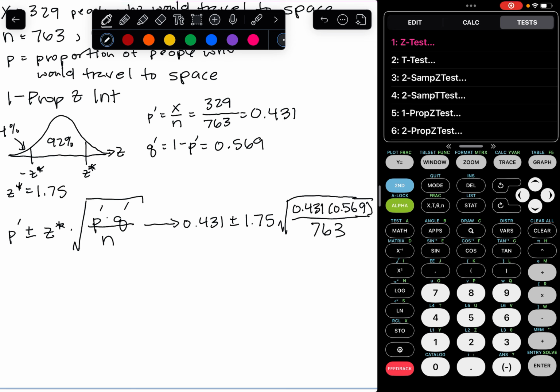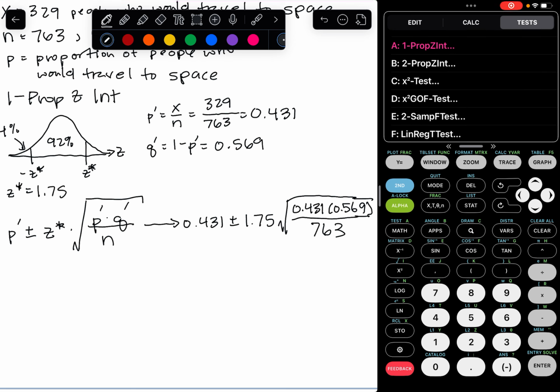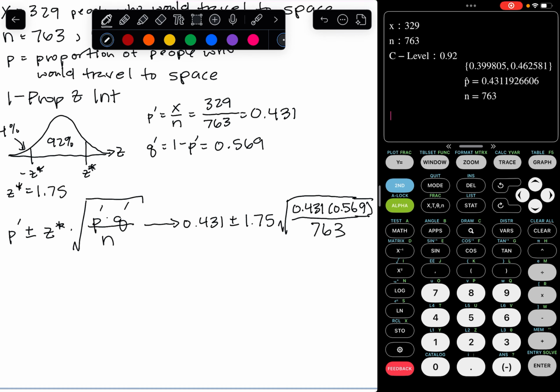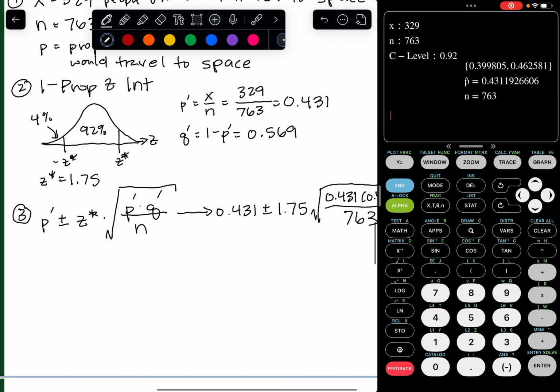Stat tests A, there we go. 329 successes out of 763 people with a 92% confidence interval. And calculate gives us 0.3998, which is going to round to 0.400, and 0.4625 is going to round to 0.463.